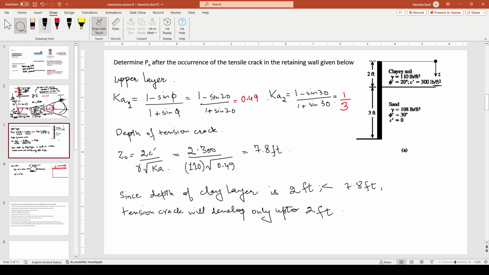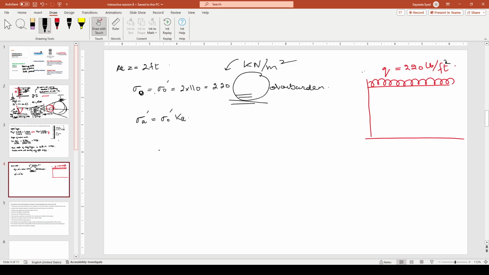Bottom of sand. Okay, okay. So if you calculate at the top, you will get Ka2 times q, which will be 1 by 3 times 220, which will be 73.3, I think.